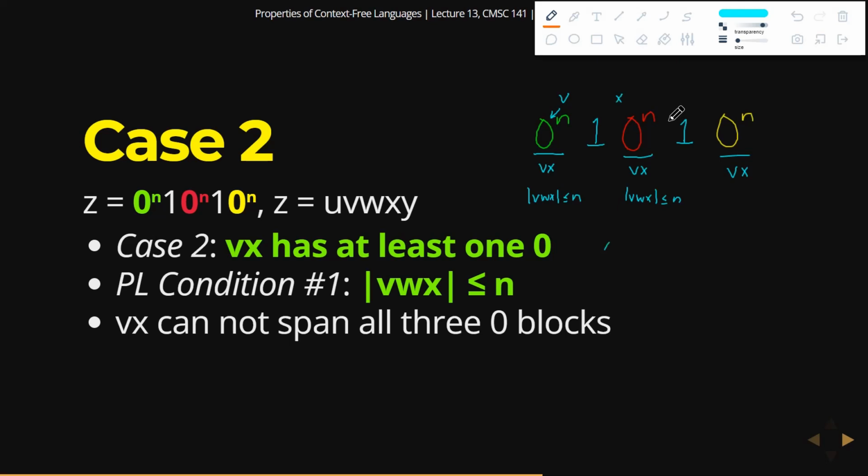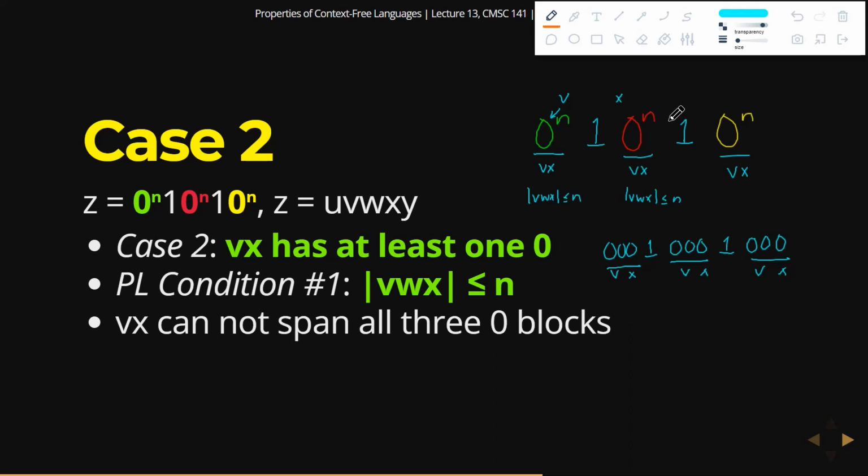How would that happen? For example, if you had 0 0 0 1 0 0 0 1 0 0 0, assuming that n is equal to 3, it could be that vx is both here in the first 0 0 0, or vx could be here in the second 0 0 0, or vx could be here in the third 0 0 0.